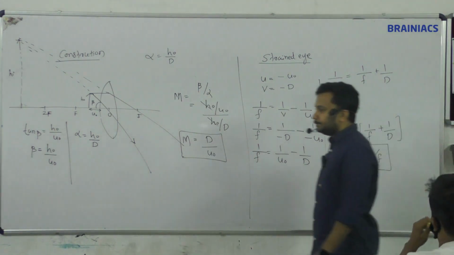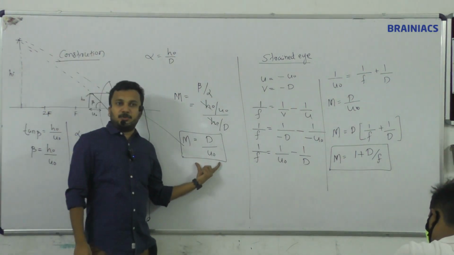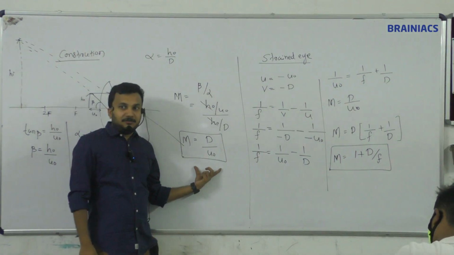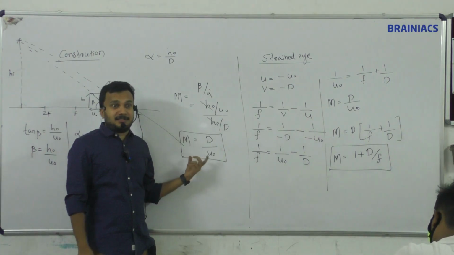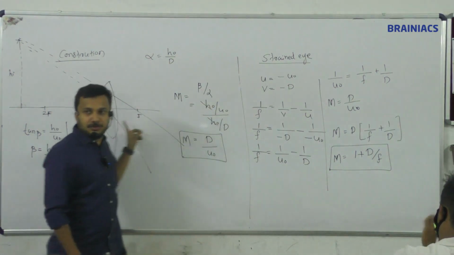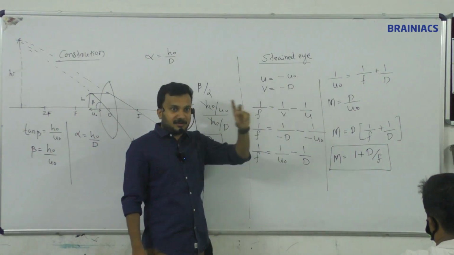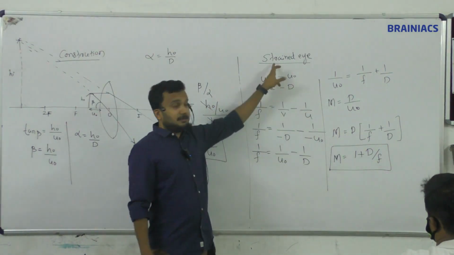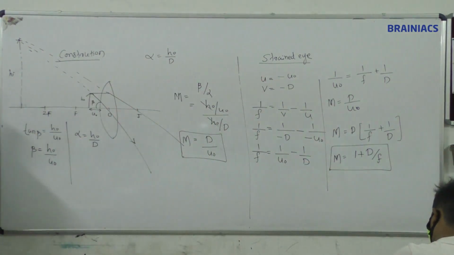So write down: the condition for maximum magnification, m equals 1 plus D by f, is the general equation. Whenever a question is given for a strained eye, it means maximum magnification. To get maximum magnification, this is the condition: the object is fixed at u equal to minus u0, and the image has to form at the least distance of distinct vision. Then the formula is m equal to 1 plus D by f.